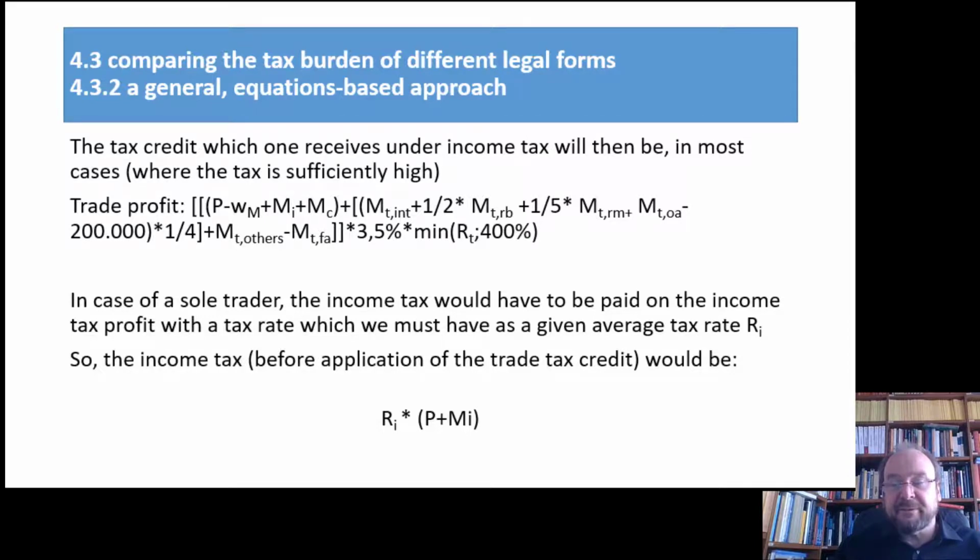In case of a sole trader, then you would also have to pay income tax on the profit with the tax rate for the income tax. So RI. So we can simply say RI, tax rate, income tax, your average tax rate, multiplied with the profit plus the modifications for income tax.